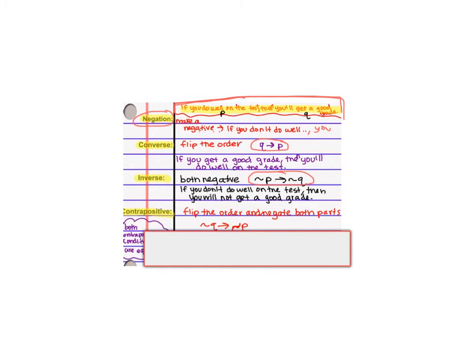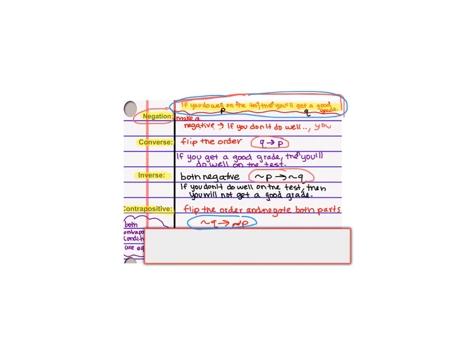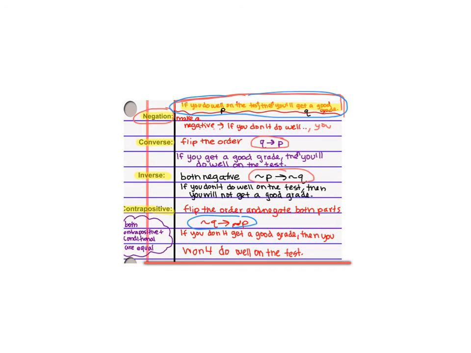Okay, the last one is contrapositive. So you're doing both. You're flipping the order, so you're flipping P and Q, and you're making both parts negative. So if not Q, then not P. If we had our original statement up here, if you do well on the test, then you will get a good grade, that would be, if you don't get a good grade, then you won't do well on the test.